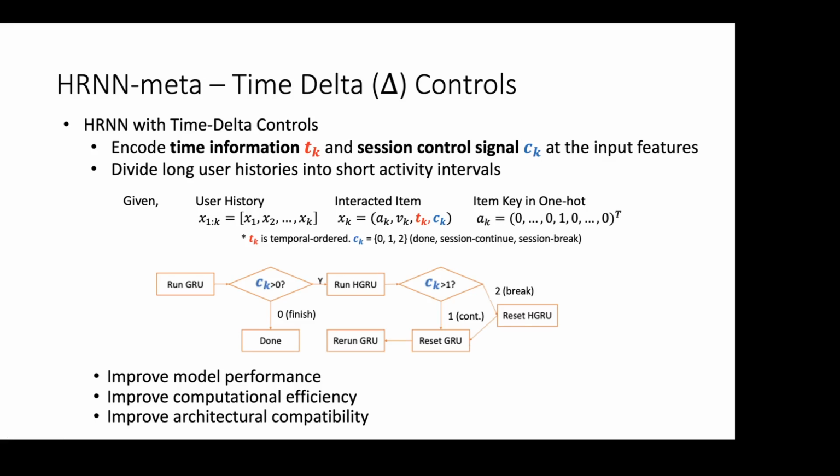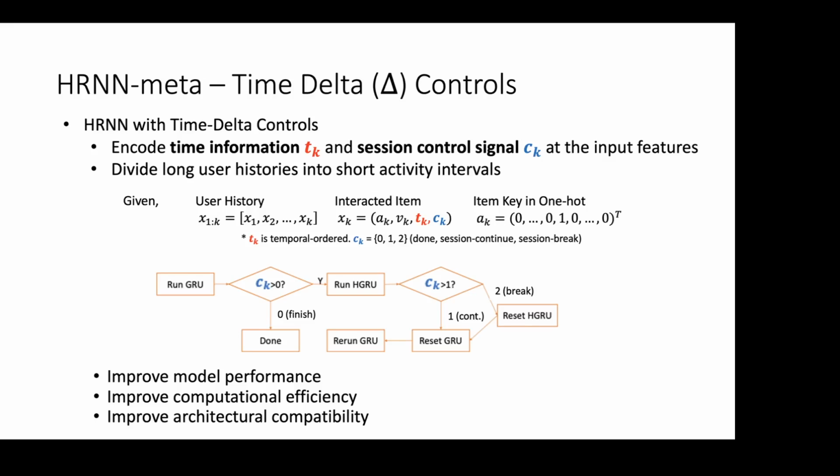But I think it just means resetting the GRUs. But anyway, they claim that it improves the model performance, or at least shows comparable performance, and also improves computational efficiency in both memory and the throughput of this model.